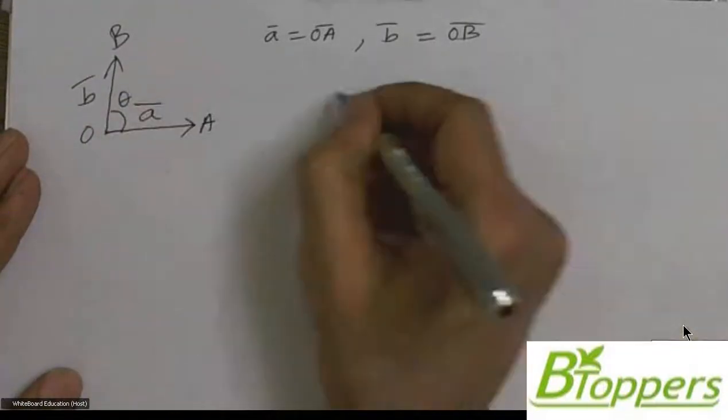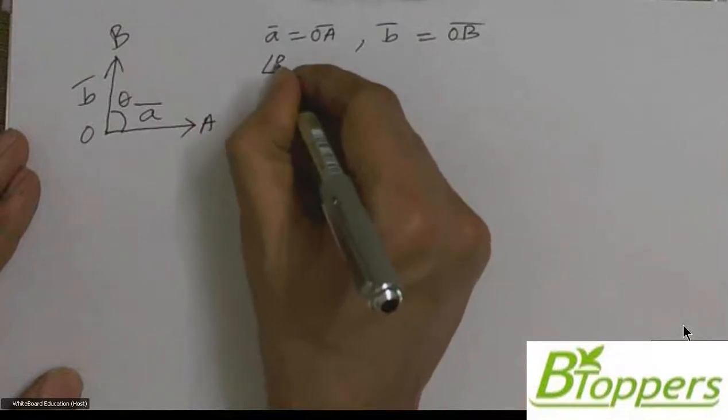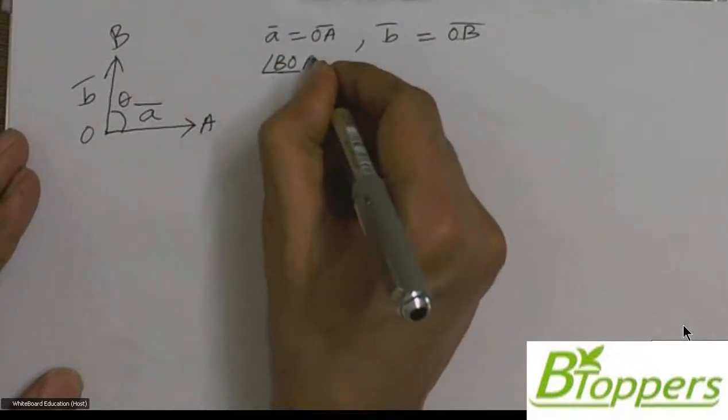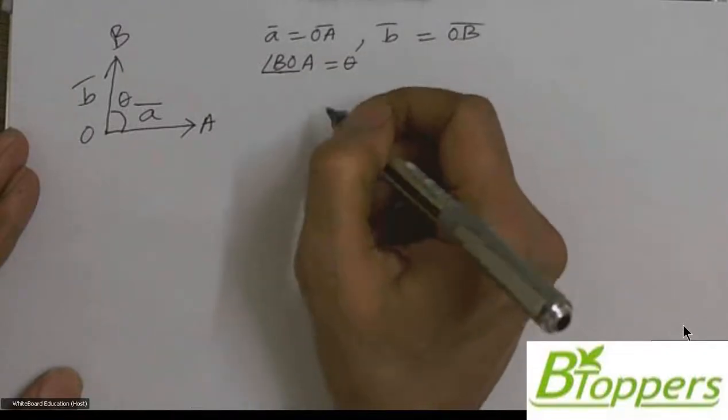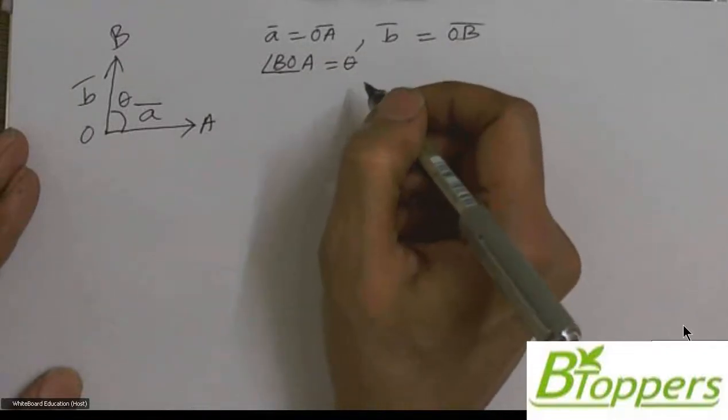Let theta be the angle between the two vectors A bar and B bar. That is, angle BOA equals theta.